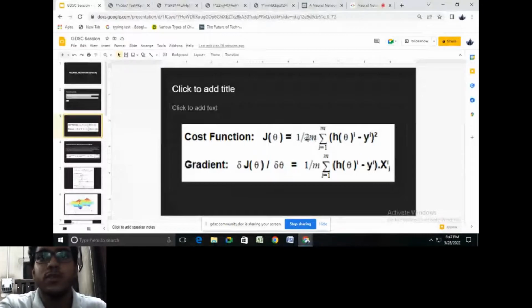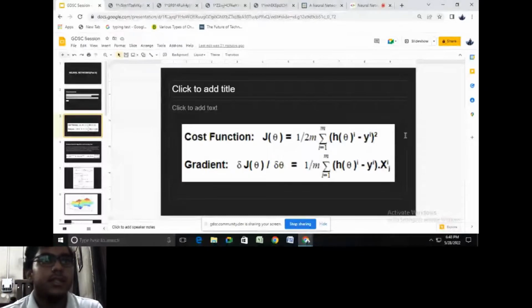Why does this constant factor of 2 come? This is because of the gradient descent algorithm. While we perform the gradient descent operation, this 2 will get cancelled during the differentiation. So this cost function is basically what we call the mean squared error function.